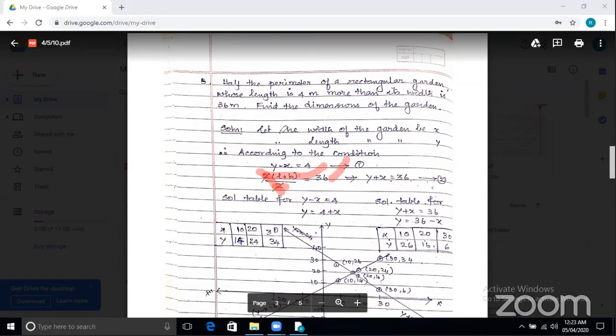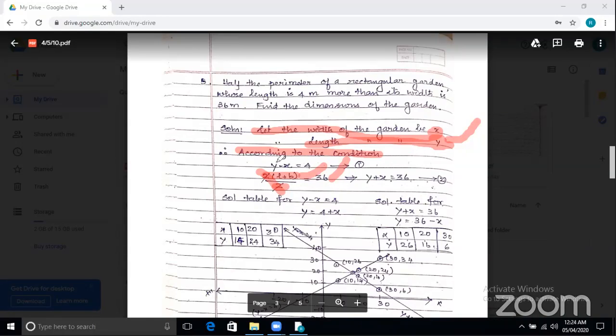Now here, let the width of the garden be X. If the width is X, the length will be Y. Any doubt in this? Now what is the condition? According to the condition, Y minus X. Y is the length.